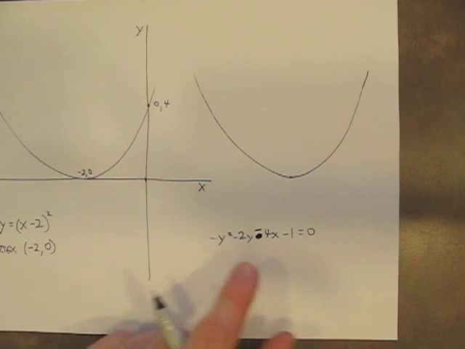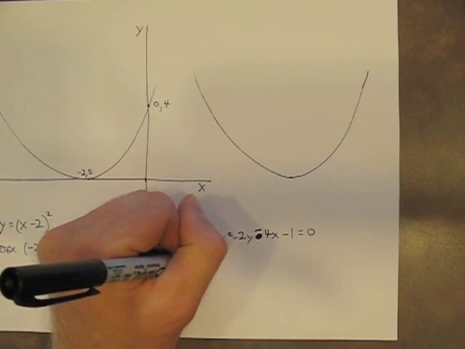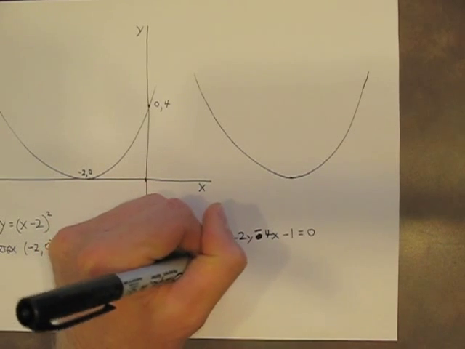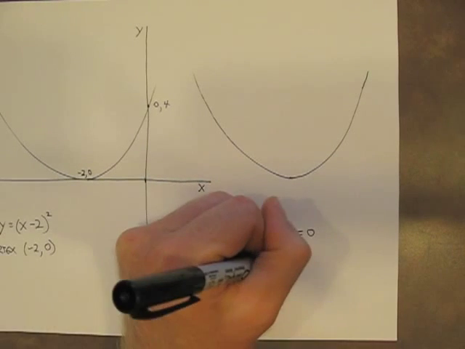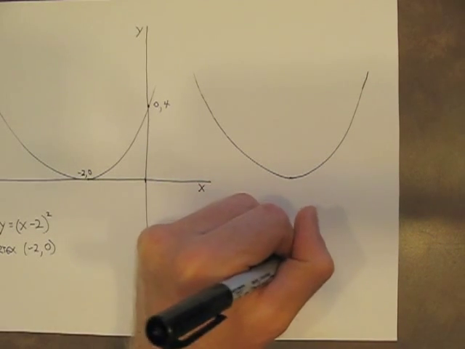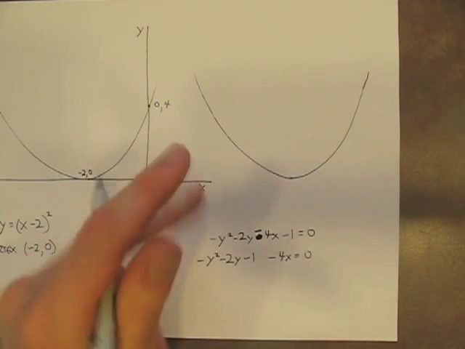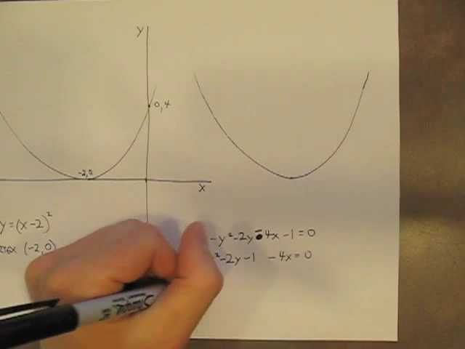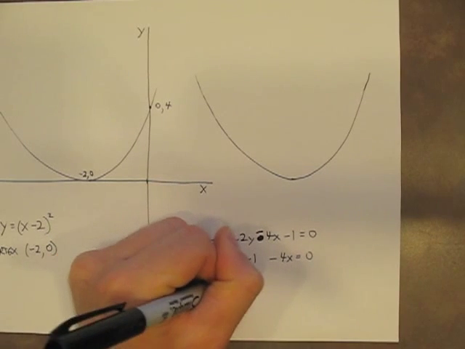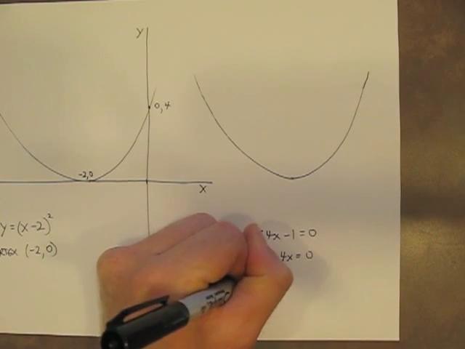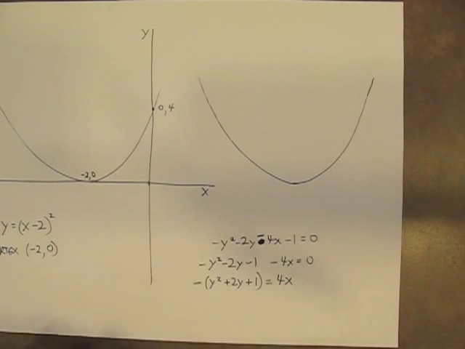So first off, I can see I want to group these. I want to go minus y squared minus 2y minus 1, and then I want to do minus 4x equals 0. Now I want to move that over, and I want to do some grouping. I'm going to take a minus out, and I'm going to get y squared plus 2y plus 1 equals 4x.